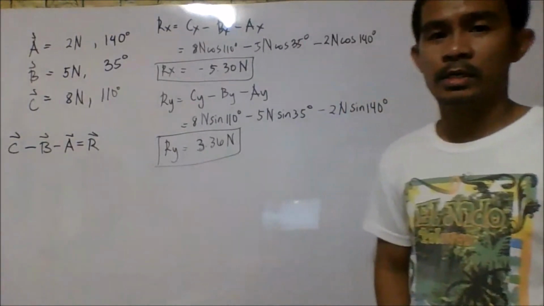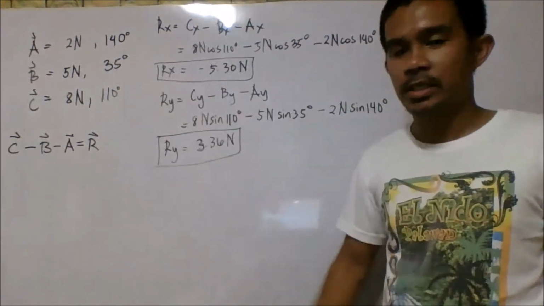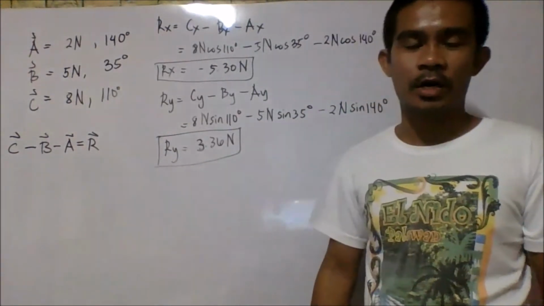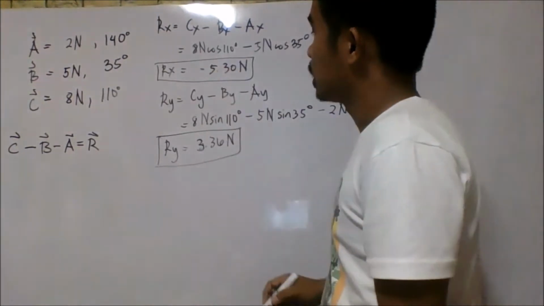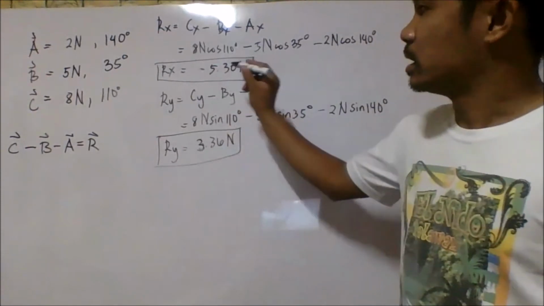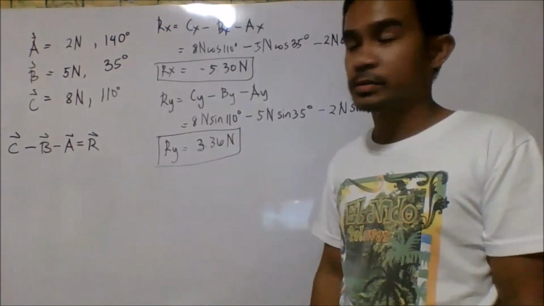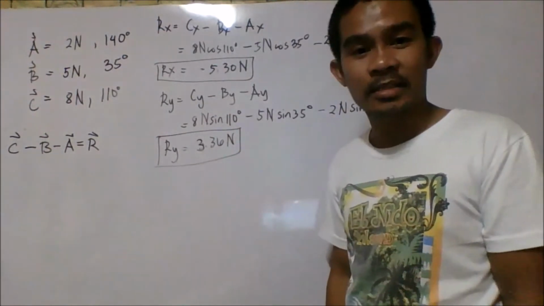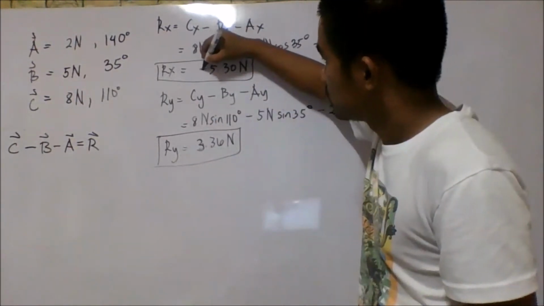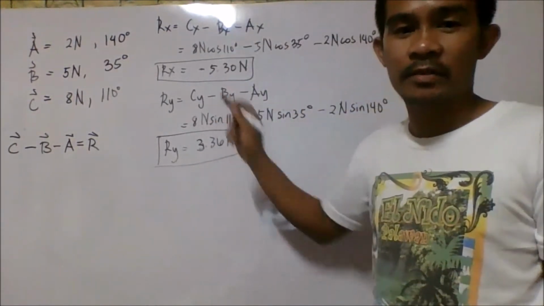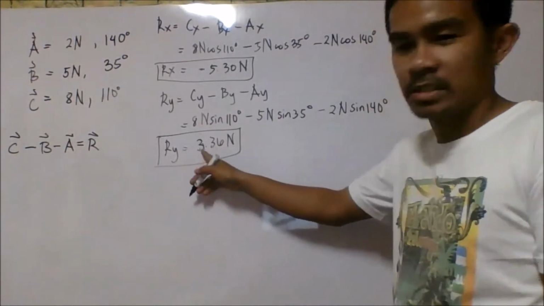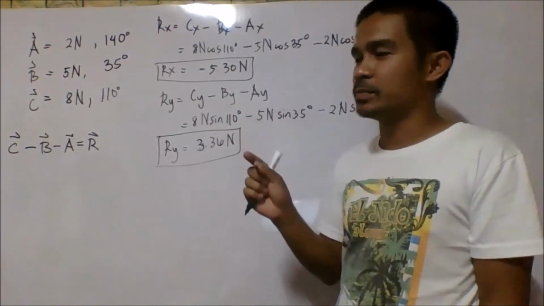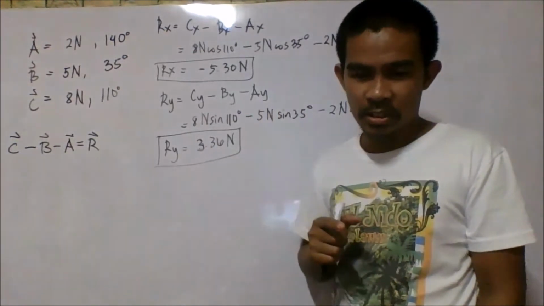So we now have the x component and the y component of vector R. The x component of vector R is negative 5.30, and the y component is positive 3.36. The x component is negative, the y component is positive.